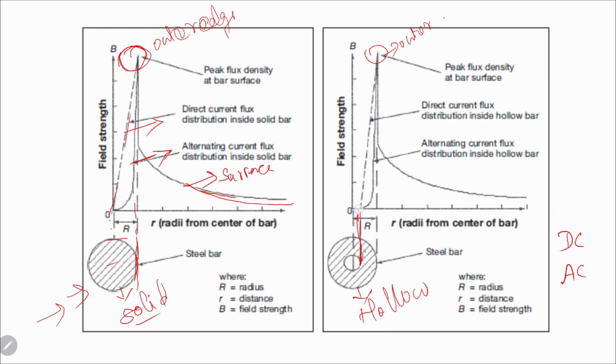It provides good coverage both at the surface and deeper within the wall thickness. In AC distribution, flux remains concentrated only at the outer edge of the hollow cylinder. Inner walls receive very little flux from AC due to the skin effect.